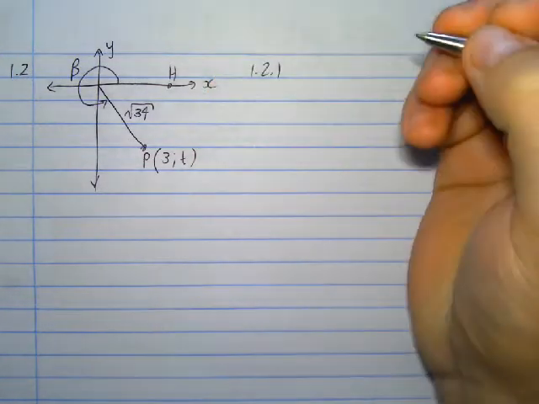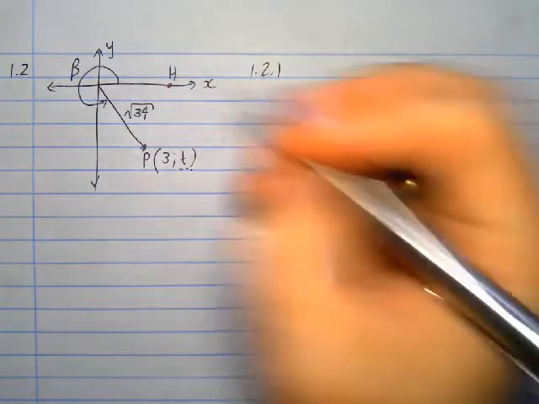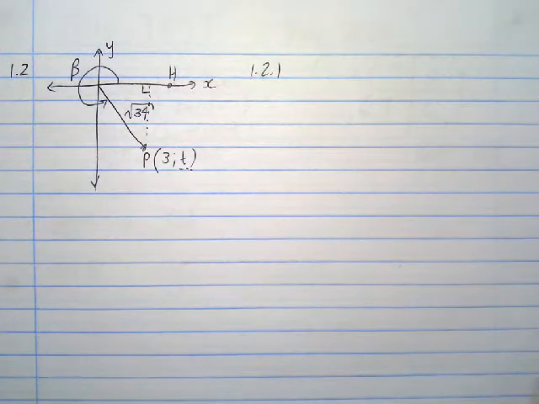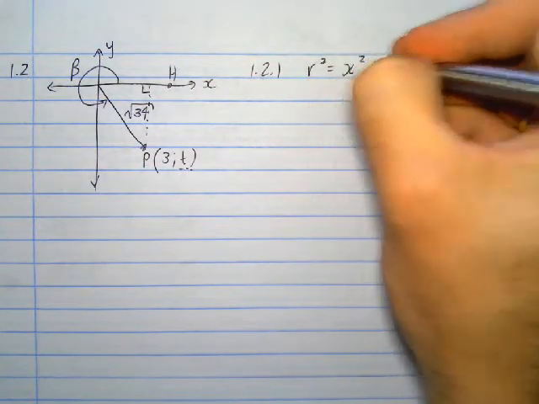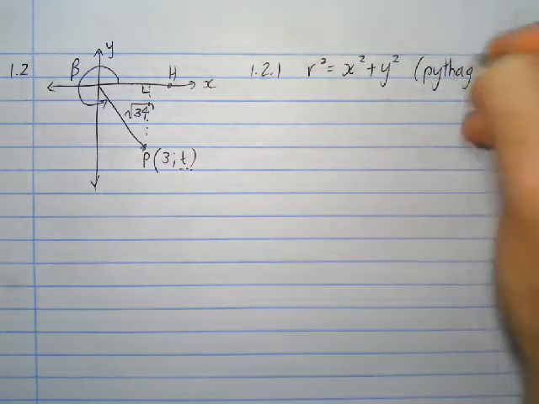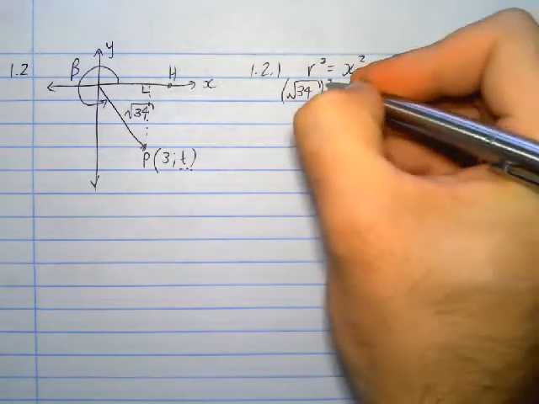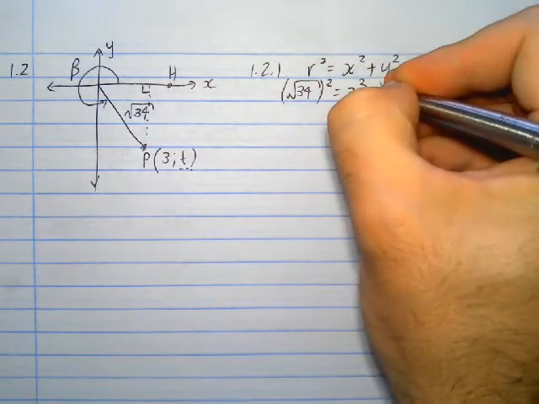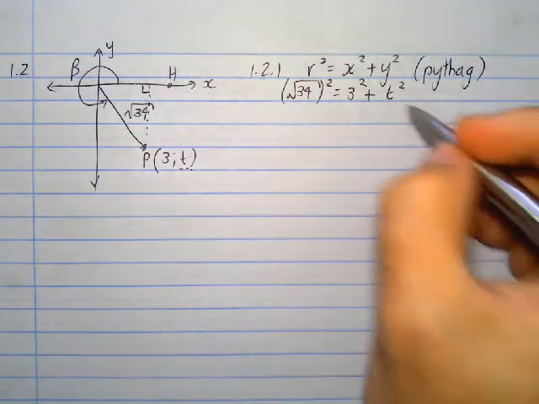Okay, so in 1.2.1, in order to work out t, we are going to use Pythagoras. Remember, there is a 90-degree triangle here in our story where r squared would equal x squared plus y squared, and that's old school Pythagoras. So root 34 all squared equals 3 squared plus t squared.